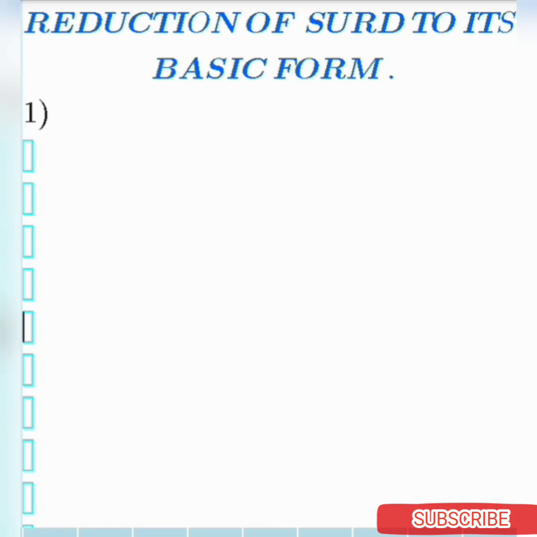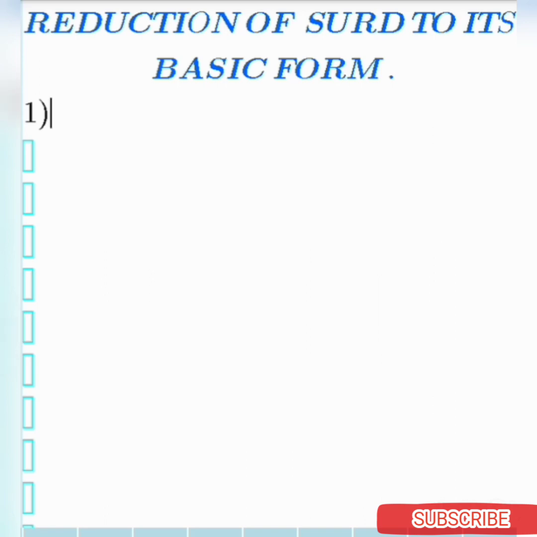But today, I will teach on the topic called reduction of surds, like reduction of surds to their own basic form, so that whenever they give you a question to reduce a surd to its basic form, or to change a surd which was already in its basic form to its original form, you know what to do. In this lesson, I will teach you the steps you're going to follow in doing it.